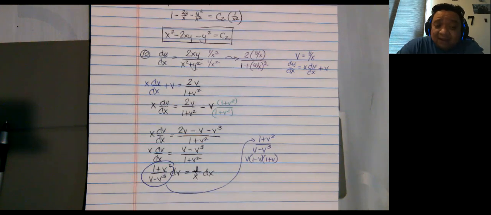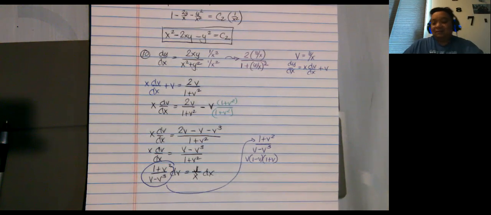So if the denominator factors, what method can you use to do the integration? Anyone? No one?